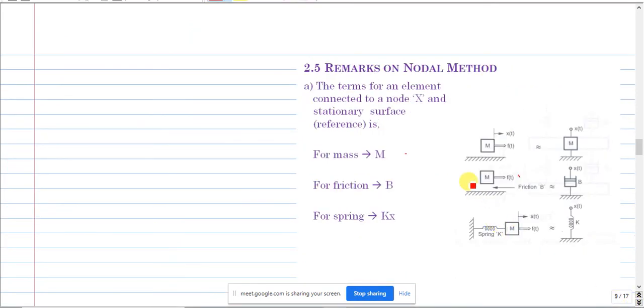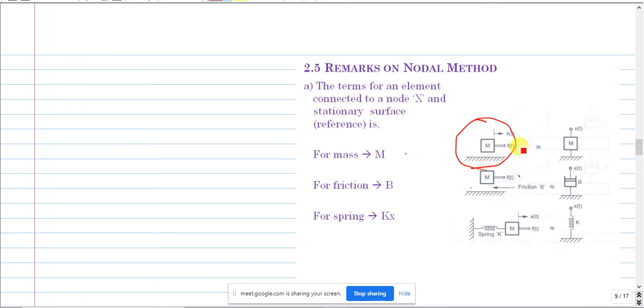So here in this page, it is showing how to represent the individual element. For example, you can notice here mass m.